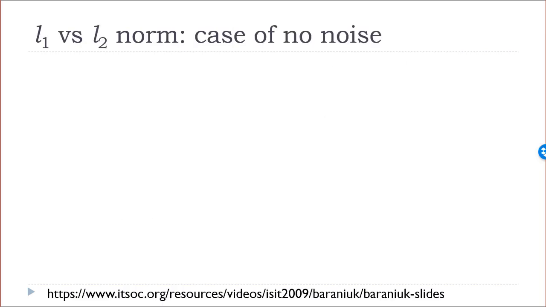But the question that arises is that while L0 norm penalty had all those nice properties and it yielded solutions that had many zero entries, does its approximation have any of those properties? So why should we not use L2 norm instead? What makes L1 norm such a good approximation?